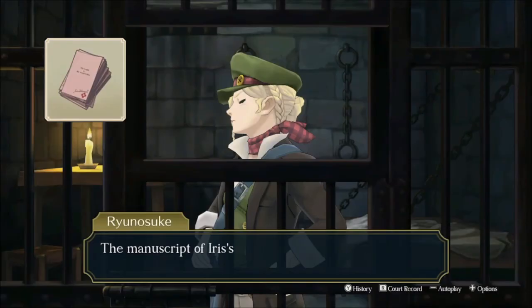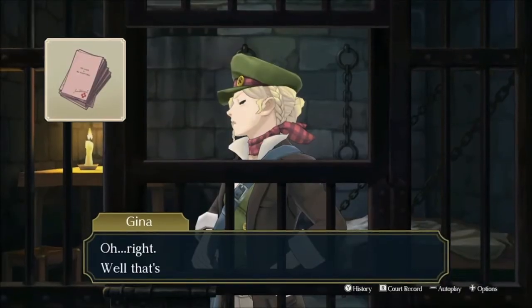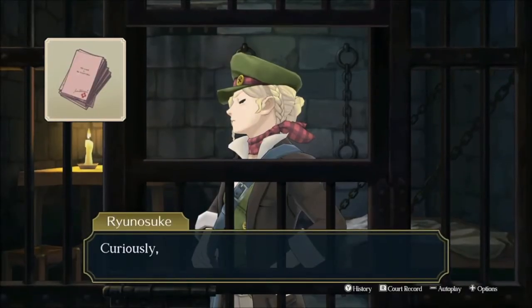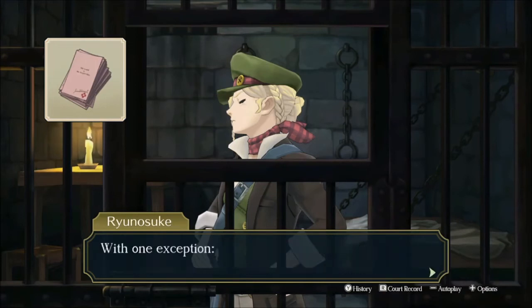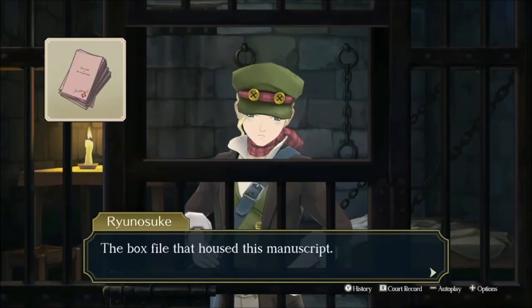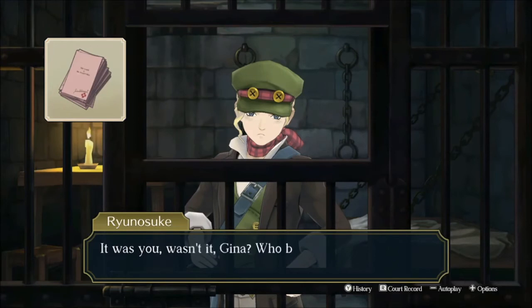The manuscript was in the storeroom, exactly where Sherlock Holmes said it was. Exactly where you said it wasn't. You said you were gonna break in there and prove Sherlock was lying. So is that why you went in there, Gina?